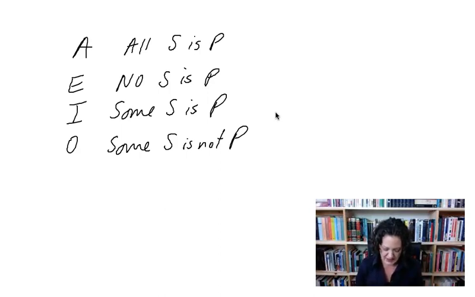So an A statement is a universal affirmative, right? Universal all and affirmative is. An E statement is a universal negative. No is. Okay, so the universality and the negativity is in the no. I is a particular, some, and affirmative.